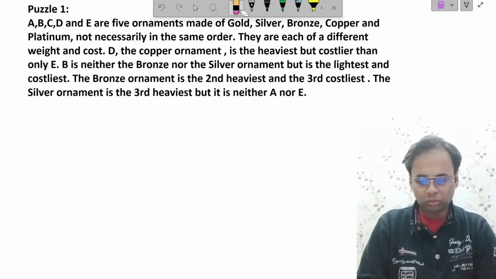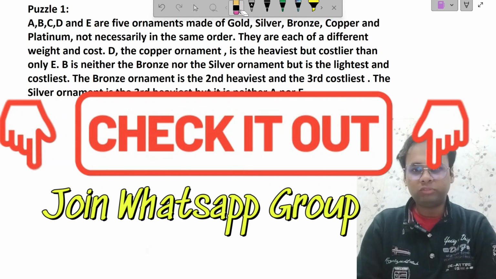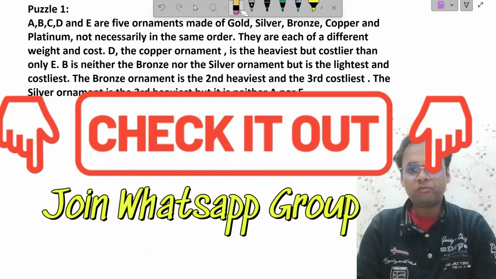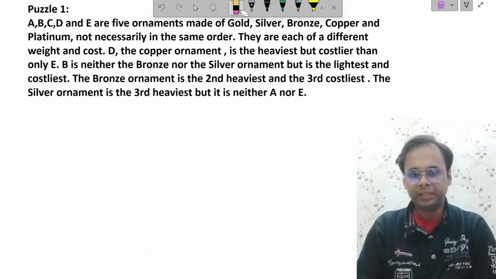So we are basically given some ornaments and the materials. Let's start the solution of this puzzle. We have 5 ornaments made up of 5 different materials: gold, silver, bronze, copper and platinum.